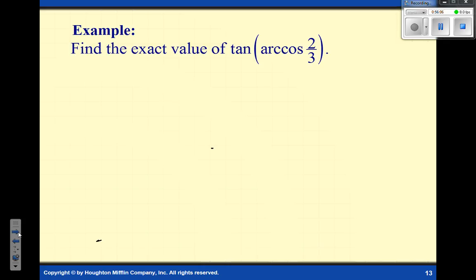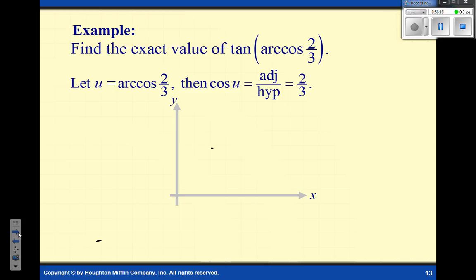So what should I do? You did this two quizzes ago. Build a triangle. So that's what I'm going to do first. I know I've got to be in the first quadrant to make a positive cosine, because that's where my restriction is. I know cosine is positive in the fourth quadrant, but I'm not going to build it there because that's not part of my range restriction.